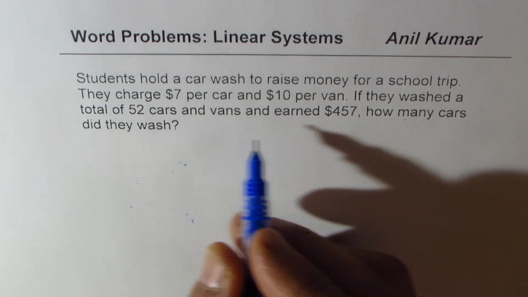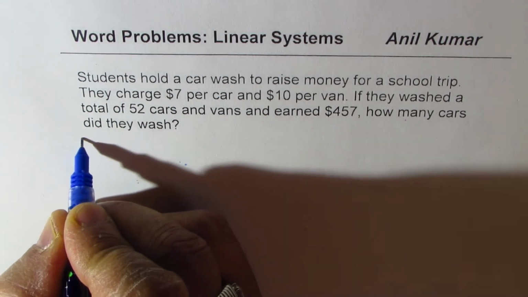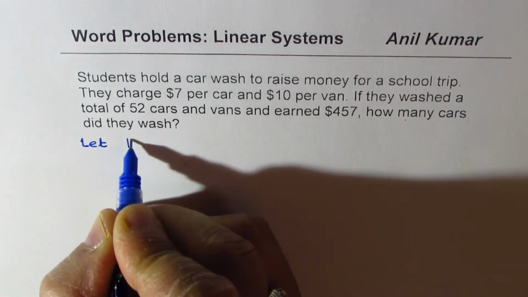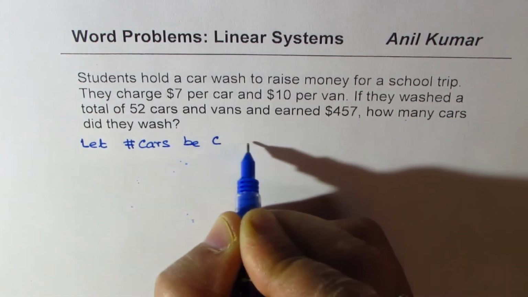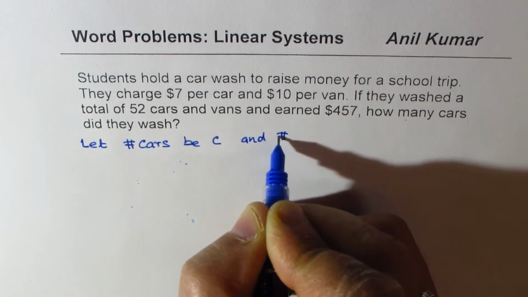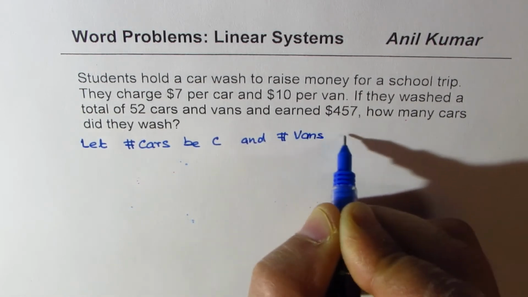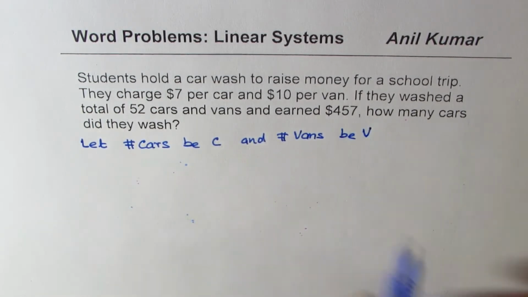Right? So the first step always is to define variables. Let the number of cars be C and the number of vans be V. Right. So we have these variables.